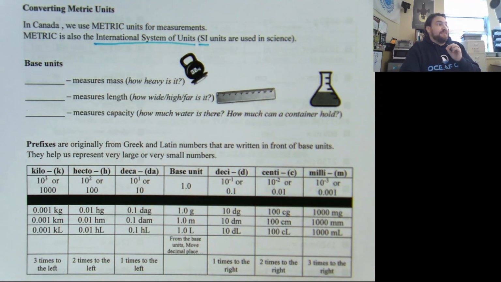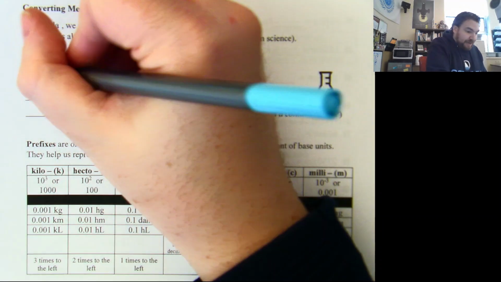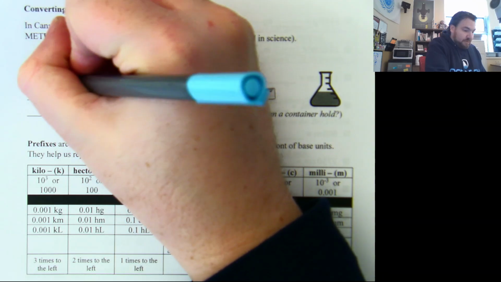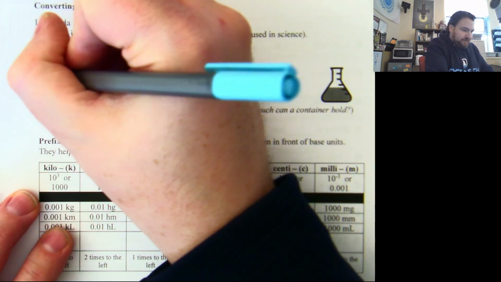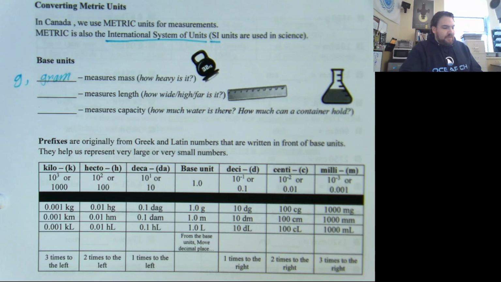It's not kilograms, because kilo is a prefix. You could have a milligram, a centigram, a kilogram. Those are all multiples of a base unit. What's the base unit? It's there in the word. It's the gram. All of the other masses are based on multiples of 10 of the gram. For gram, we use the lowercase letter g.